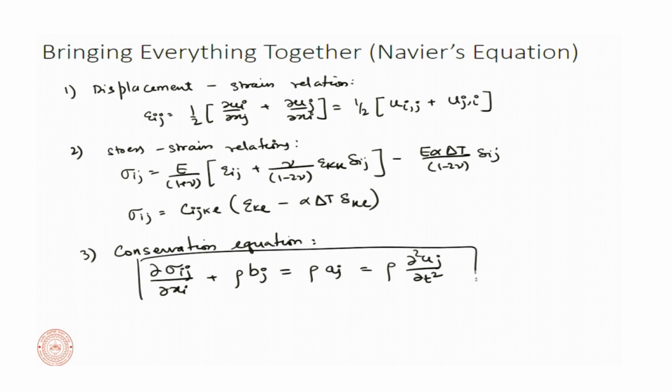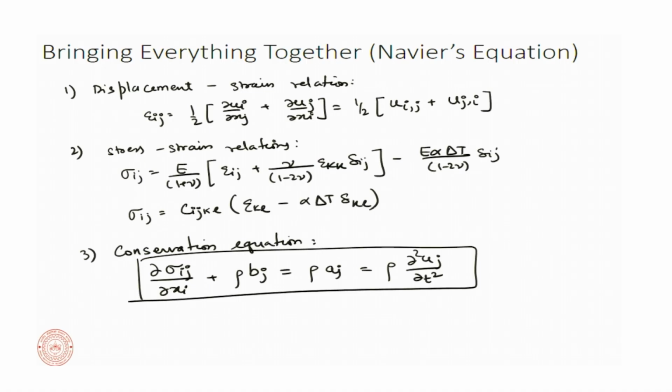This is our conservation equation. Now, in this conservation equation, we have a second order derivative with respect to time. So, we need 2 initial conditions, and we will have a second order derivative with respect to space for the deformation. So, we need 2 boundary conditions.